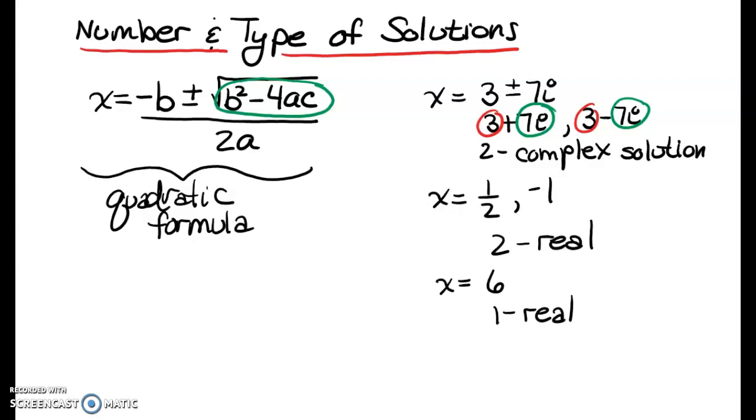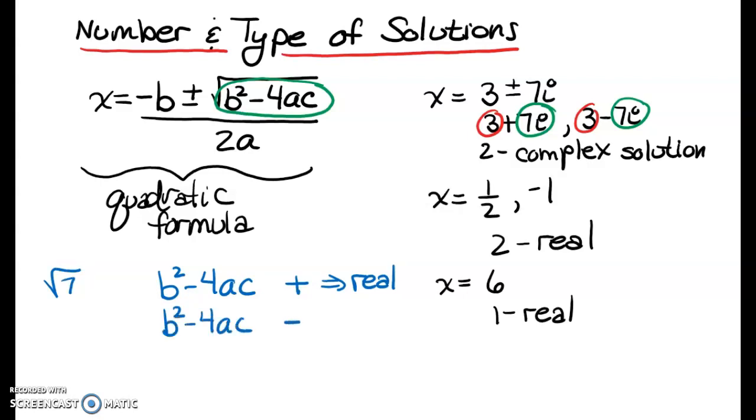If the part under the radical, b squared minus 4ac, is positive, then my solution is going to be real, because I can take the square root of a positive number and find that on my number line. But if what this evaluates out to is negative, now that changes everything, because when I take the square root of a negative number, that is no longer a real number, that's imaginary.